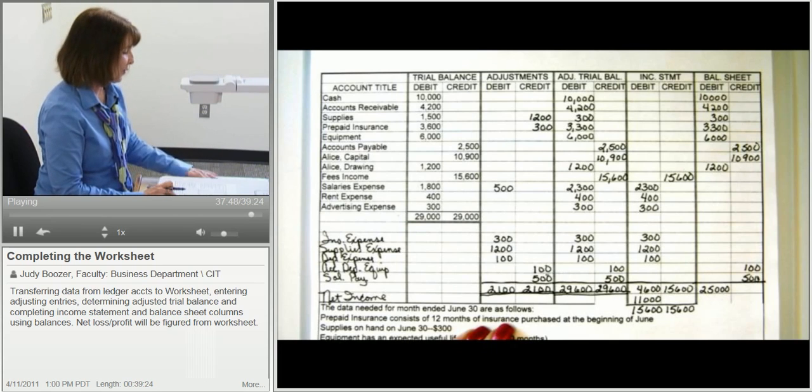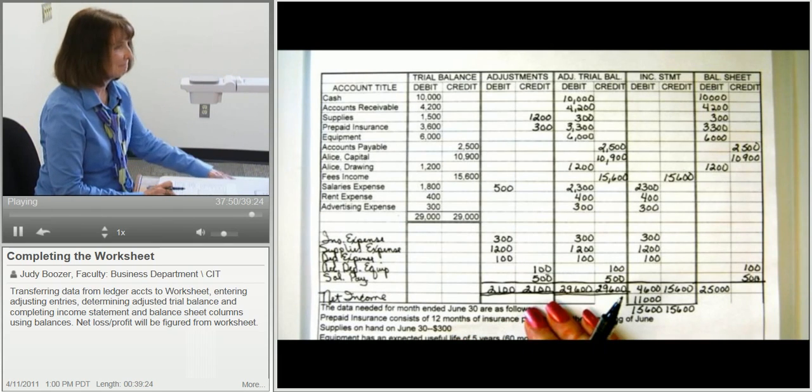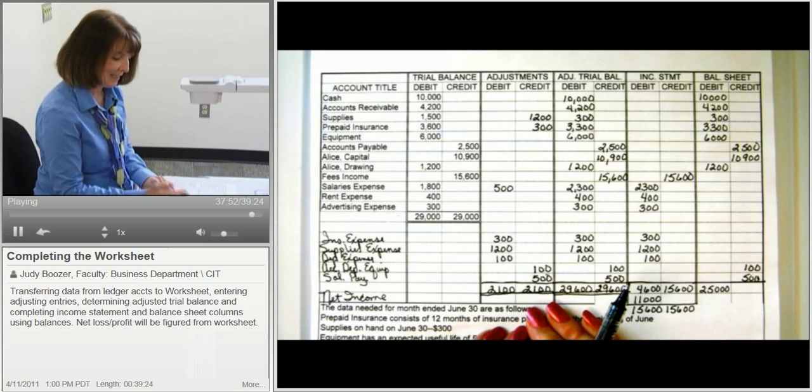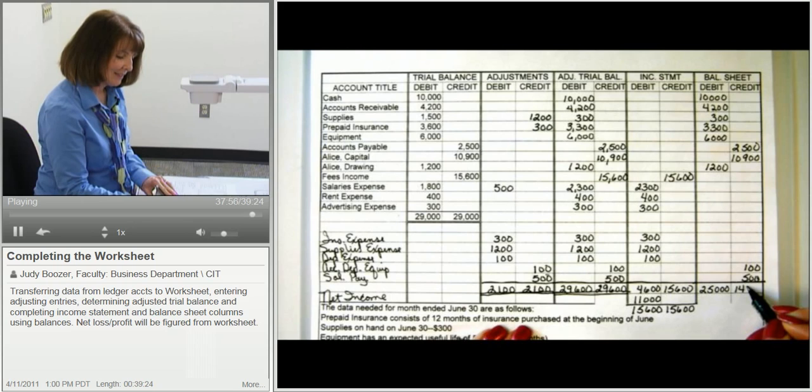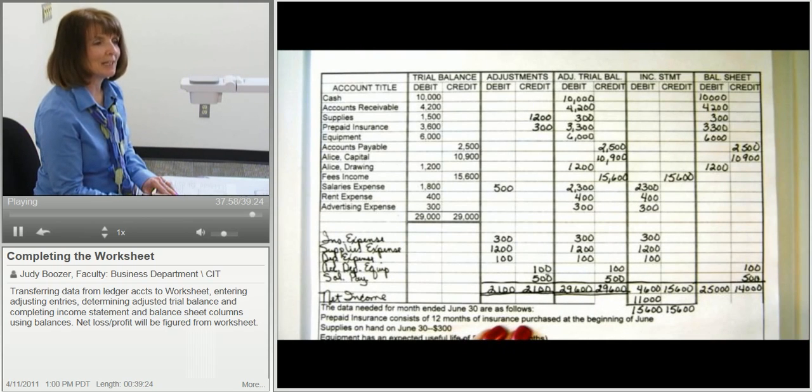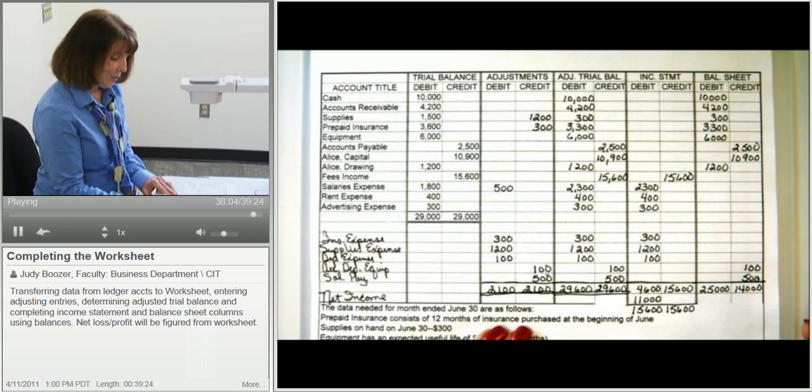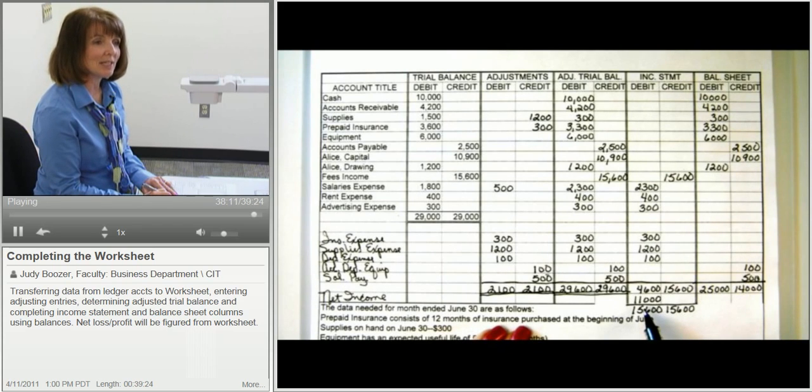What did you get for the credit? Hopefully 14,000. But they don't agree. Yeah. We haven't taken into account that we made money. And when we make money, capital gets increased, which we haven't done yet. So we're going to have to extend this.